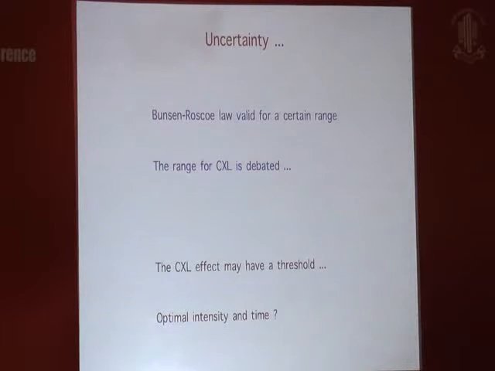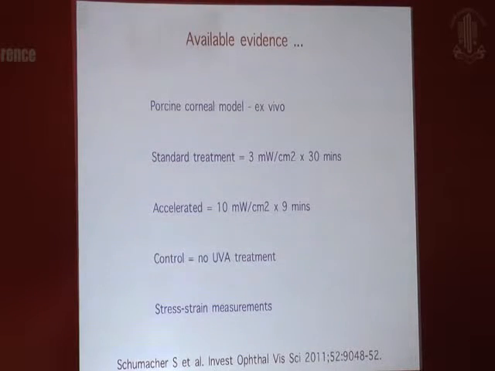If we look at the available evidence, this is from Rockin's group. They had an ex vivo porcine corneal model where they used strips of pig cornea to do a standard treatment with 3 milliwatts for 30 minutes, an accelerated treatment with 10 milliwatts for 9 minutes, and a control with no ultraviolet treatment.